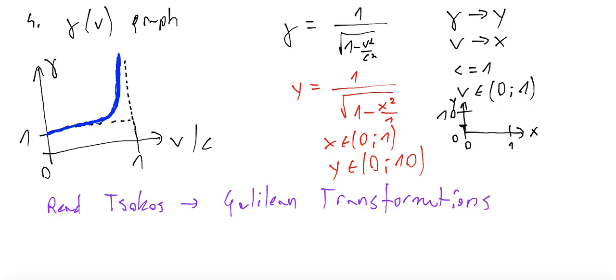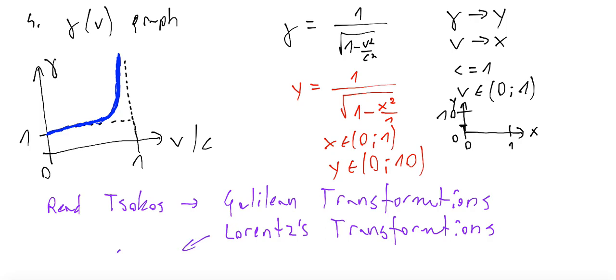Okay, and you have to find something which is called Lorentz transformations and read this. Especially in the case of speed or velocity addition. How to add velocities or relative velocities of two objects traveling with very high speeds by using Lorentz transformations. This is your homework. Okay?